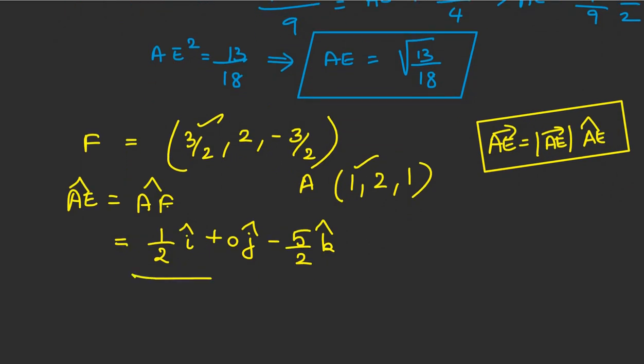AF is a unit vector, so we divide by its modulus, which is the root of 1 by 2 whole squared, which is 1 by 4, plus 25 by 4.